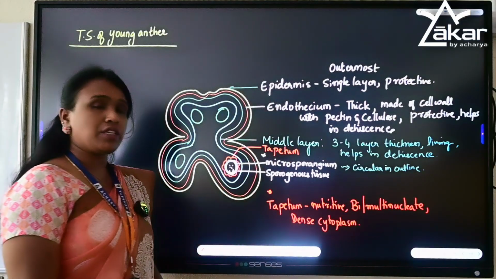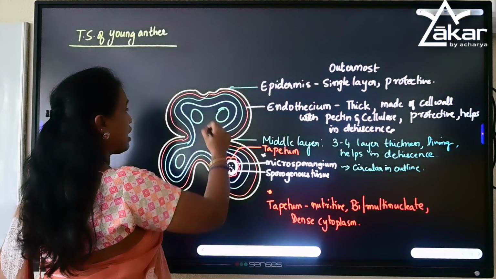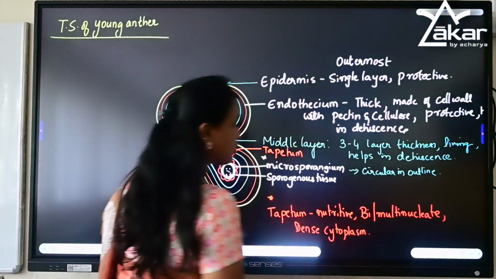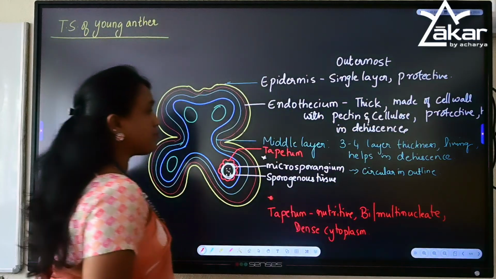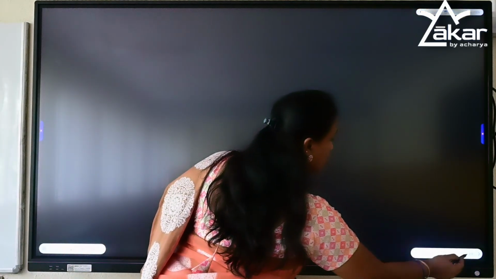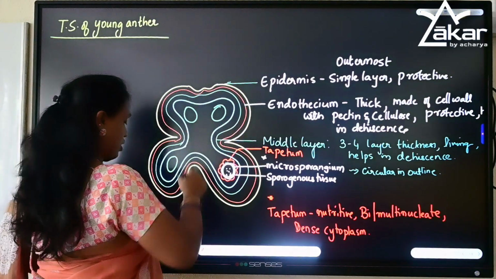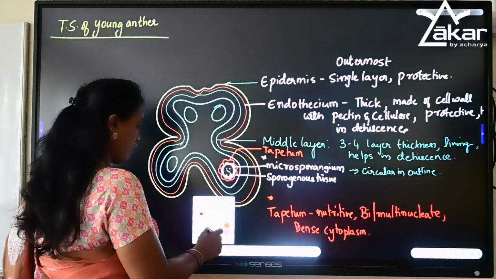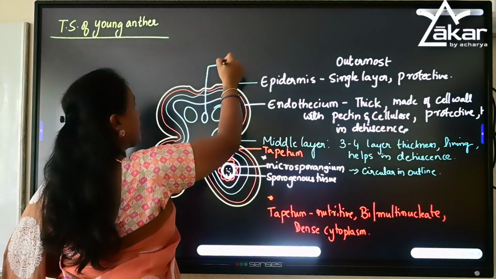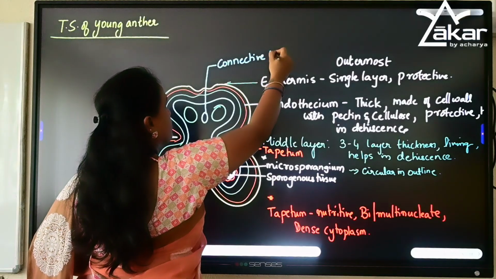So that is with the tapetum. Next we will go with this enlarged part in the next page. And one more, as we studied in previous sessions, here there will be one connective tissue, which holds everything in place.